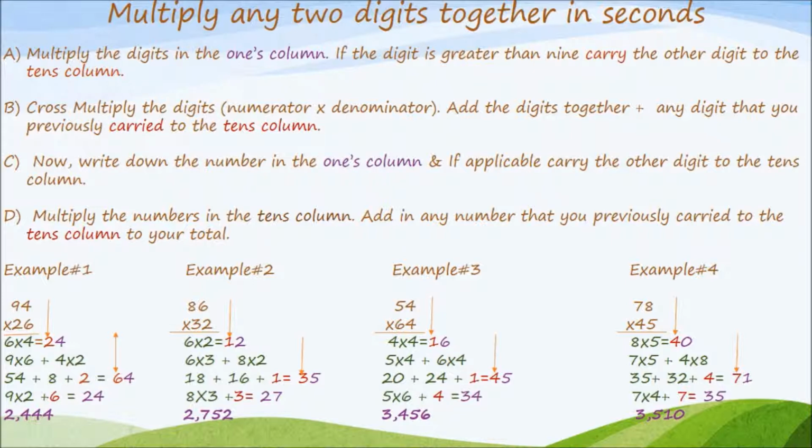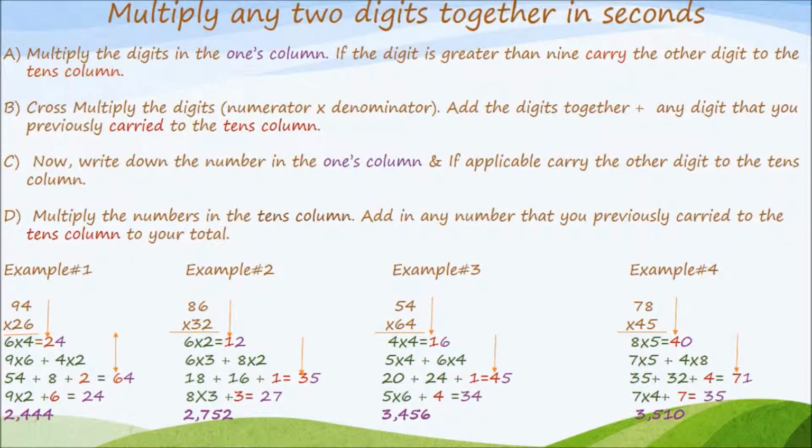We have our 27. We're going to move this further to the left. We're also going to bring down our 5. Now finally, let's bring down that 2 that we had in the ones column that we obtained when we multiplied 6 times 2. Final answer, 2,752.